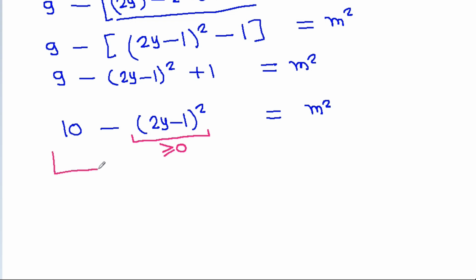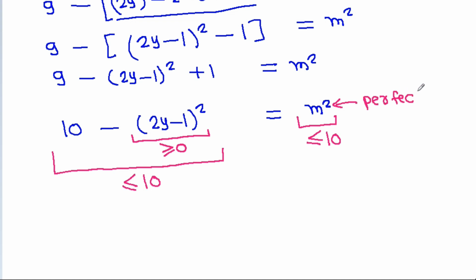So 10 minus 2y minus 1 square should be less than or equal to 10. That means M square will be less than or equal to 10, and M square is a perfect square.